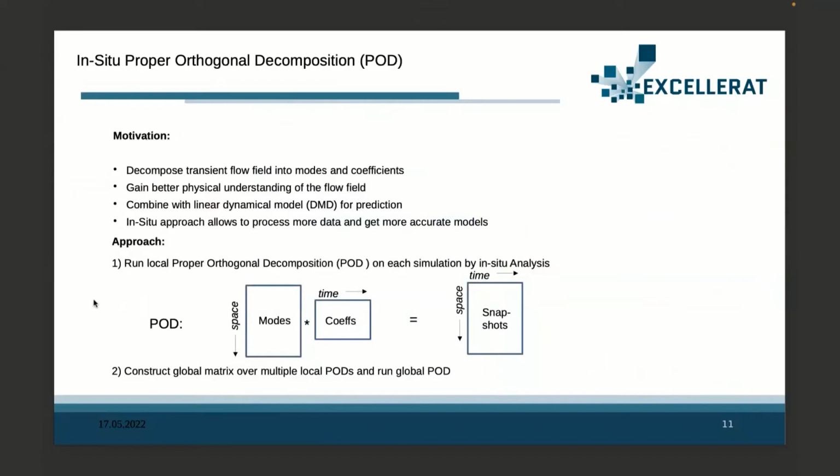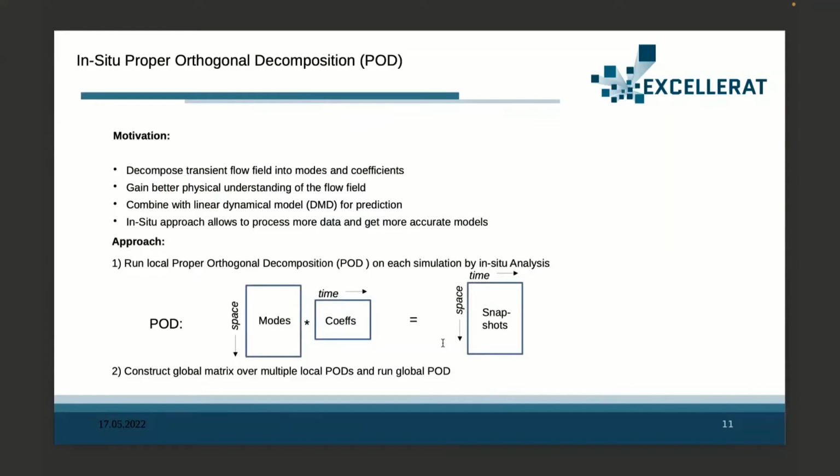Then a second example for an in-situ analysis would be proper orthogonal decomposition. This is usually computed, it has several motivations. The idea behind this is to have a matrix of snapshots that is decomposed into spatial modes and temporal coefficients.